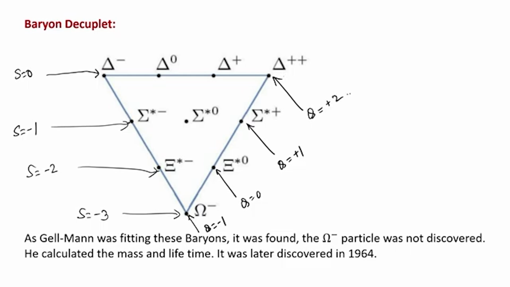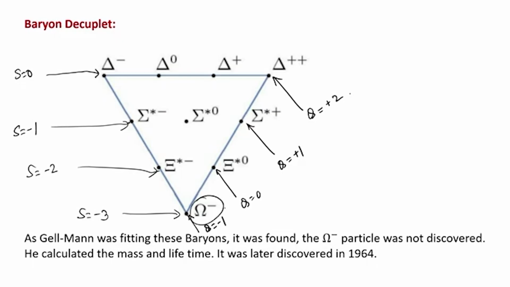So, these are the assignments, and these various heavy baryons: delta minus, delta 0, delta plus, delta double plus, then all these sigma star minus, sigma star 0, etc. that is there in the middle, and then you have a sigma star plus, and all these other particles are there.